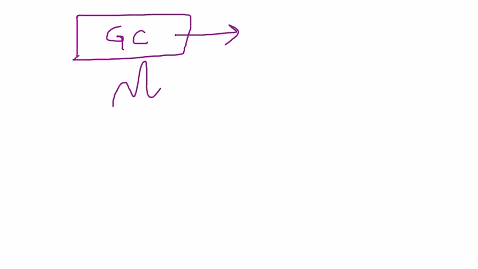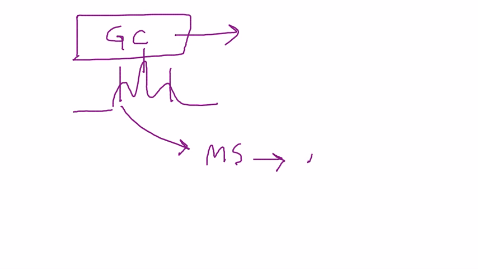Now, usually you would see that MS would be hooked up to GC. So let's say this is your GC chromatogram, this is your first, this is your second, this is the third, and this then gets sent to the MS. So you find out the mass of the first fragment, the second fragment, and the third fragment. So not only are you determining the number of components that are present in a reaction mixture, in addition to that, you can actually determine the mass of each of those.